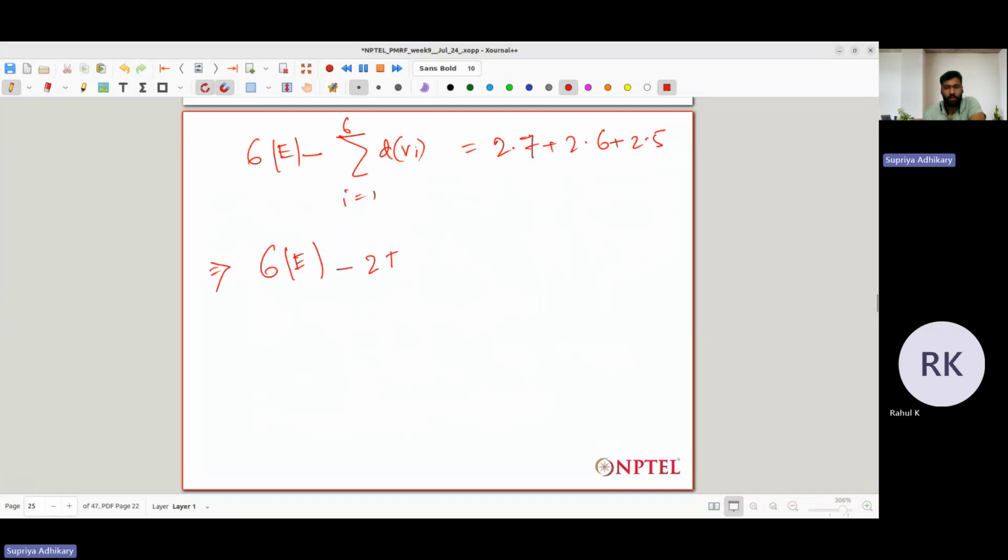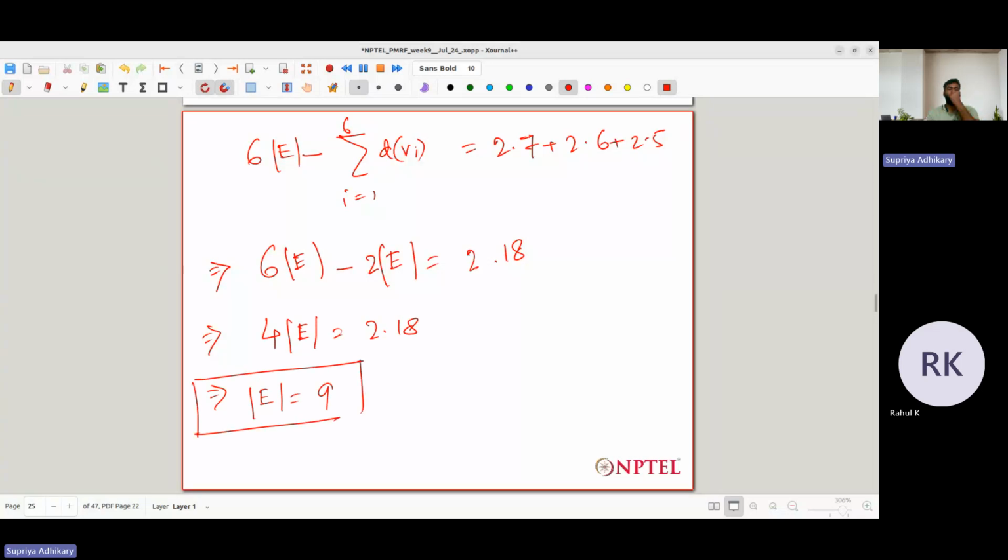That should be twice |E|. So this will give us 18, and this finally gives us that the cardinality of E is nothing but 9.